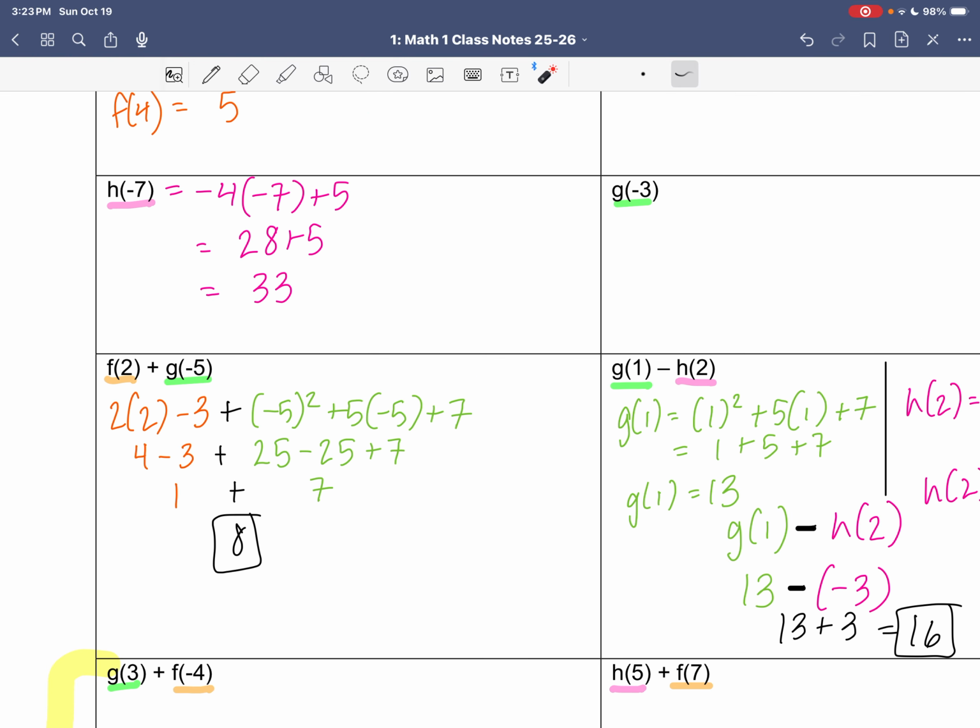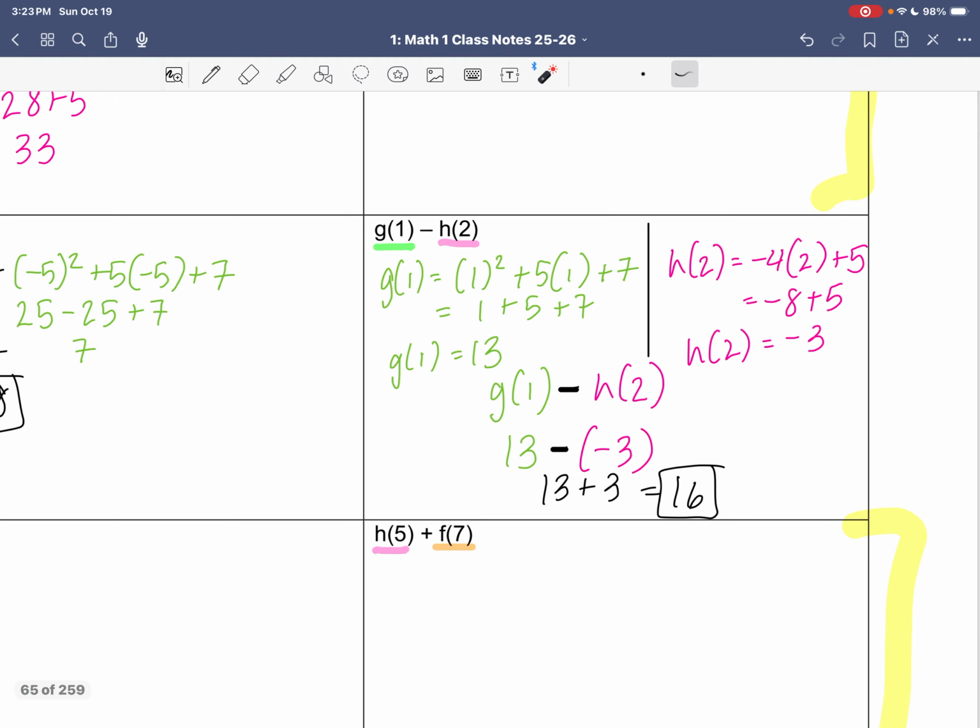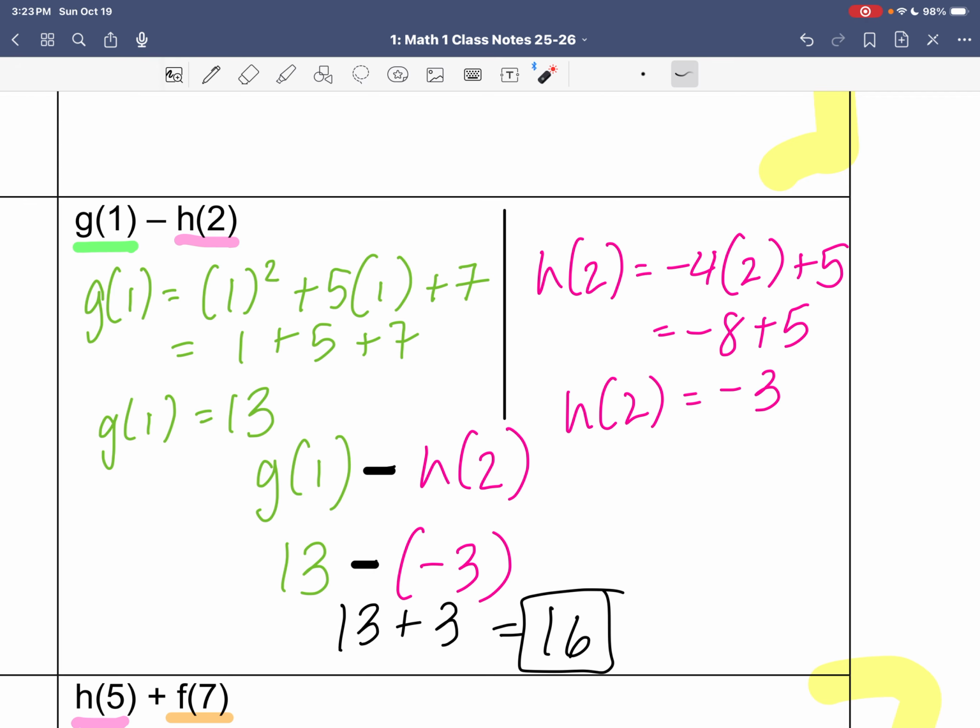So you can do it that way where you just put them all out, or how you could also solve it would be this way. You could just do them separately and then at the very end combine them. So if I were to say g of 1, I substituted it in and I got g of 1 is 13. So now when I put it here, I'll say g of 1 is 13. And then here, h of 2, I substituted 2 in for x. I got h of 2 is -3.